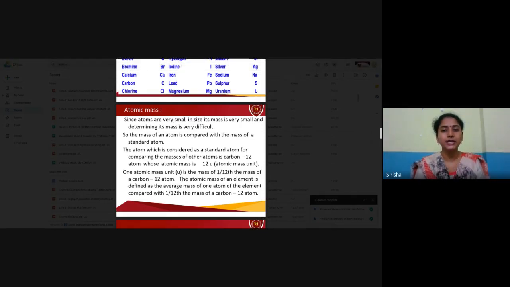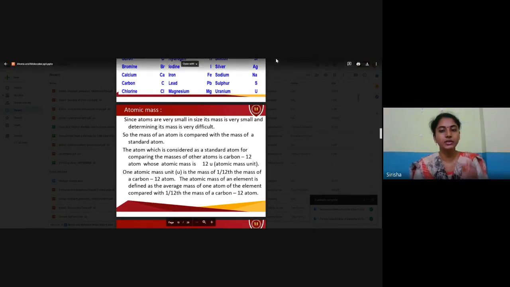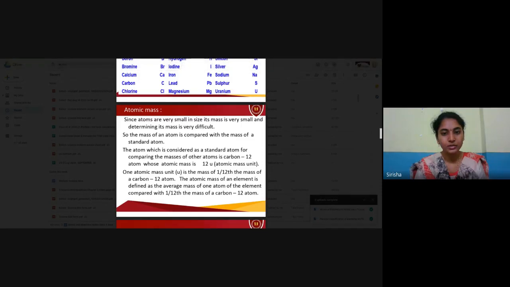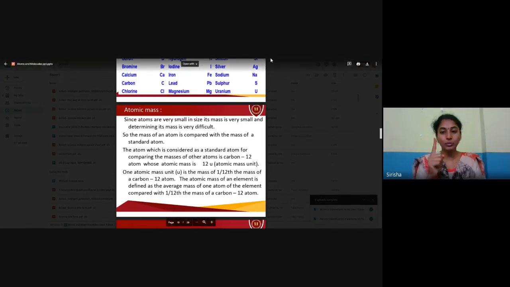The atom which is considered as the standard for comparing the masses of other elements is carbon 12. We will take carbon 12 as the standard atom. One atomic mass unit is the mass of 1/12th the mass of a carbon 12 atom, because this is the standard atom.